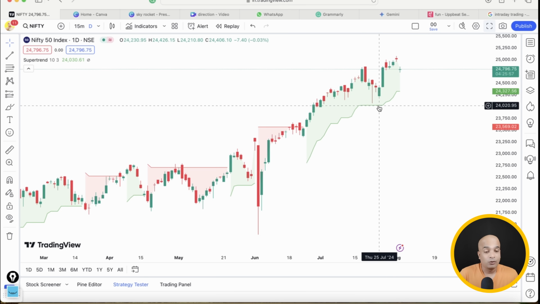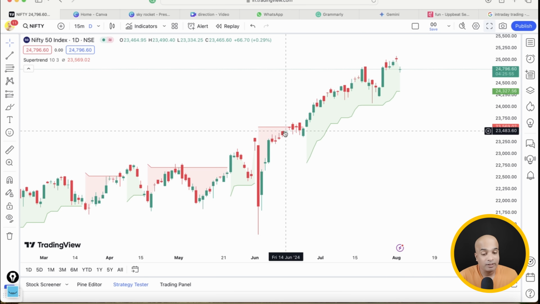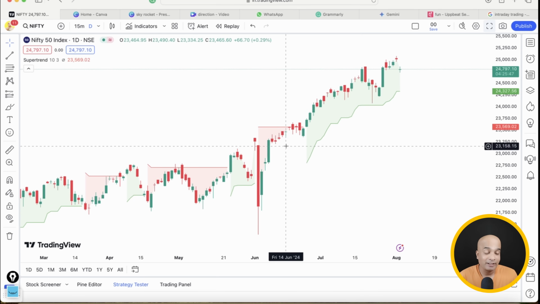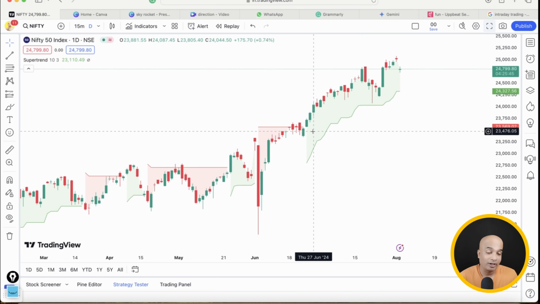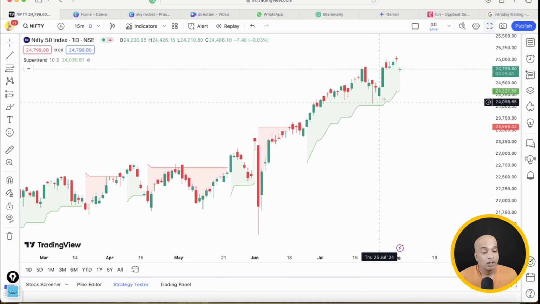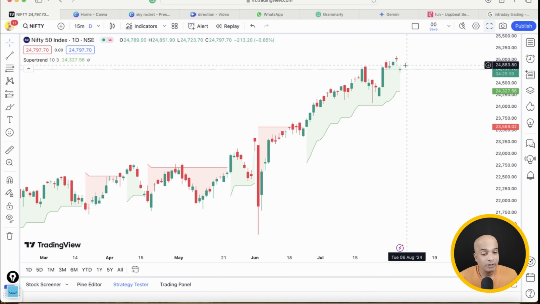Now your exit point is whenever the Supertrend indicator turns to red, you will exit. So again it is acting as an exit point, right? So the Supertrend indicator can be used for entry, to trail the stop loss, and also for exit purposes.